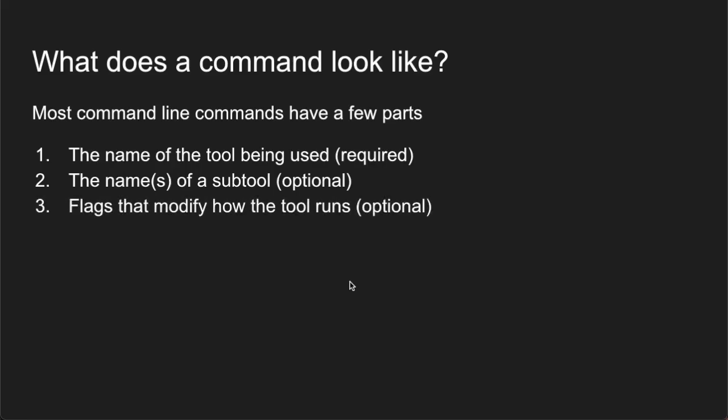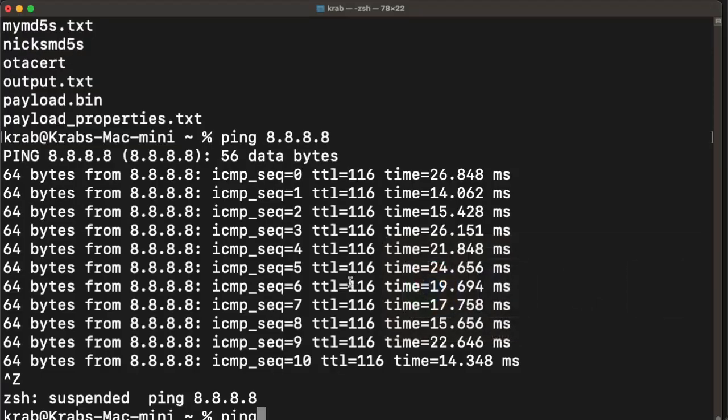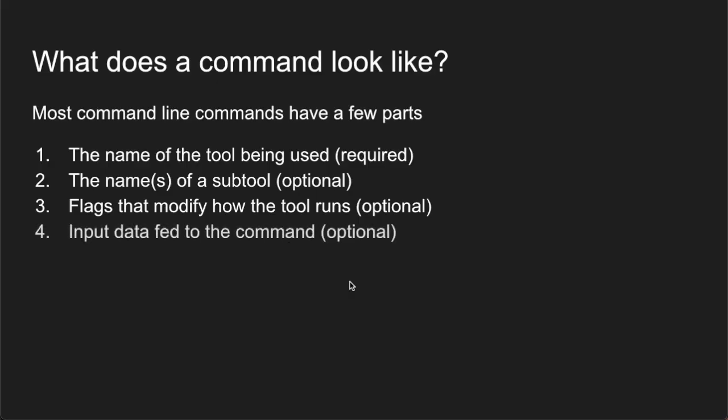It might have some flags to modify how it runs. I think ping does have flags. I never know what they are because I just use it for this one purpose, which is, does that server exist over there? And in order to say, hey, ping, I need you to contact that other machine somewhere else on the internet or on the network, I need to give it some input.